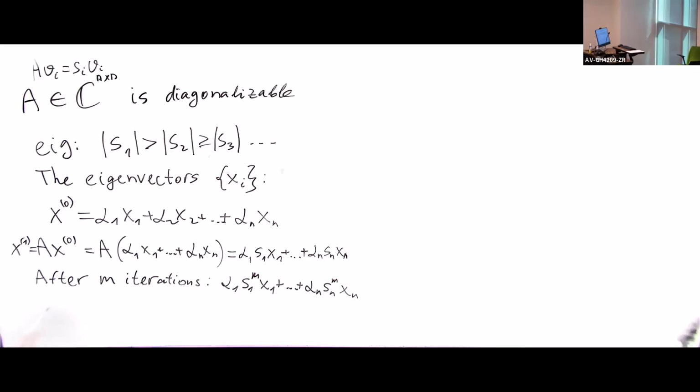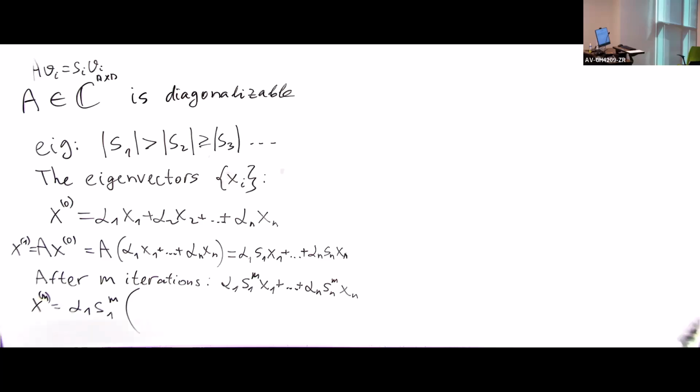Now you can say that this thing, which is practically the mth iteration of that thing, equals that thing. All right, so far? Okay, so what is that thing? Let's write it differently. Let's take alpha 1 and S1 to the power of m out of the parentheses.